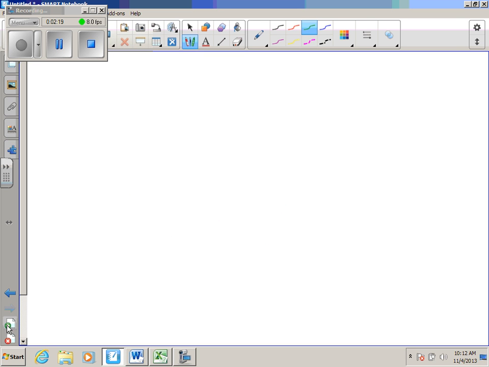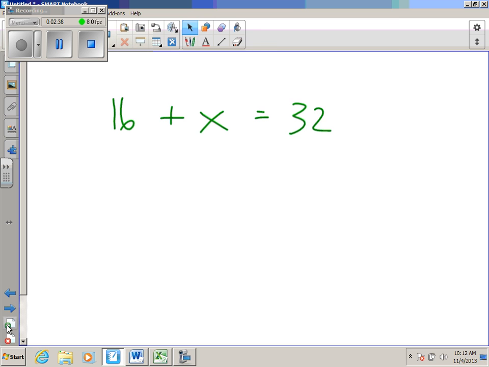Sometimes you'll have it written like this, which is the same general concept. My goal is to get x by itself. So what is on the same side of my x? What's the action here?